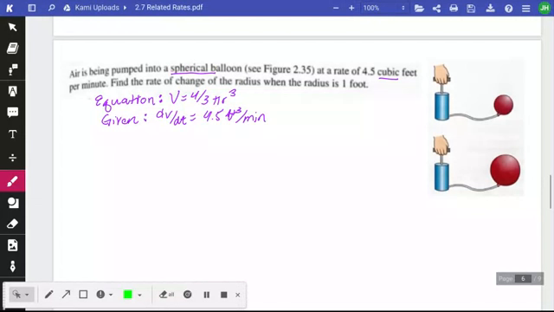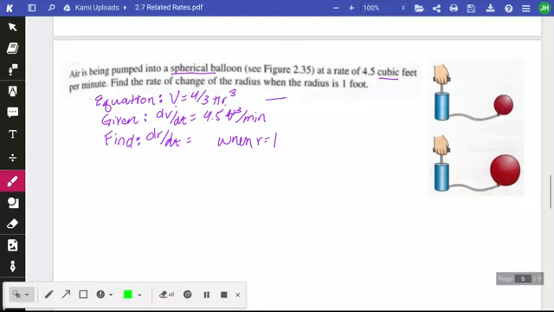We are supposed to find, so we're basically listing our knows and our want-to-knows, the rate of change of the radius. So dr over dt. That means the equation has to have these letters that we're using. So I'm not using x and y's, I'm using the formula as we know it. And we're wanting to find dr over dt when r equals 1.